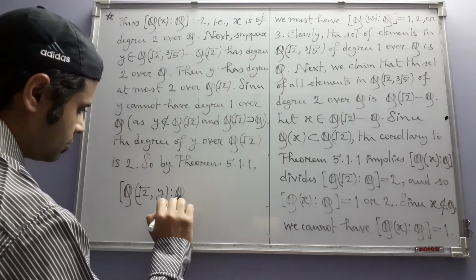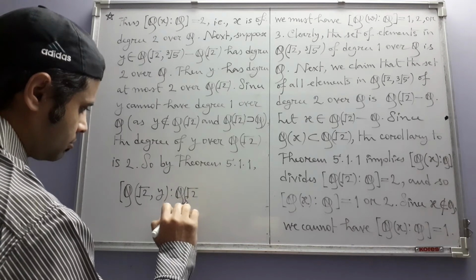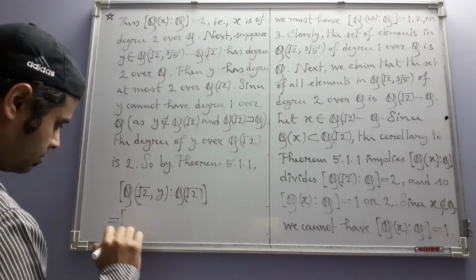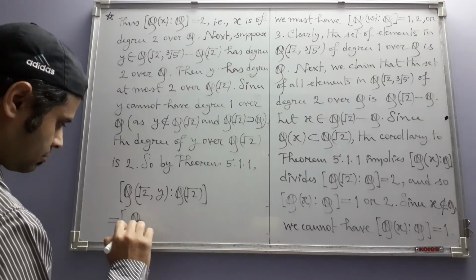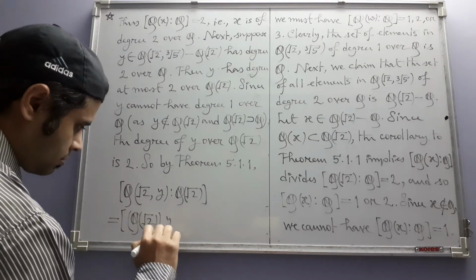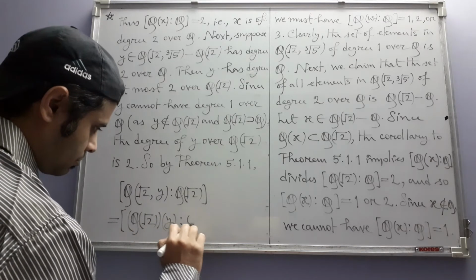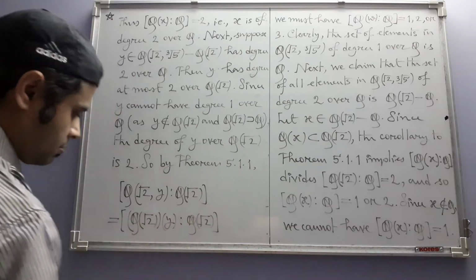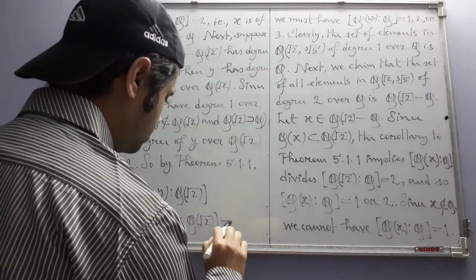Over Q(root 2). This is equal to, and that is equal to 2.